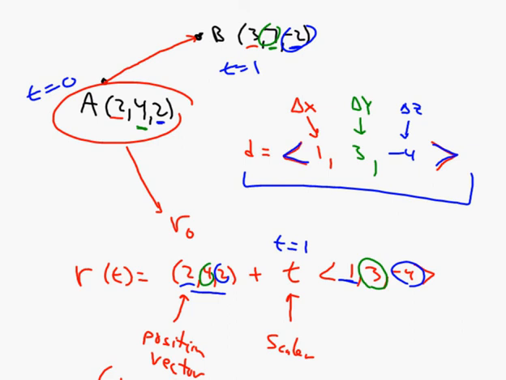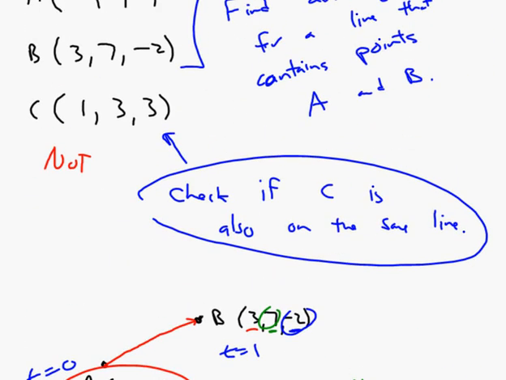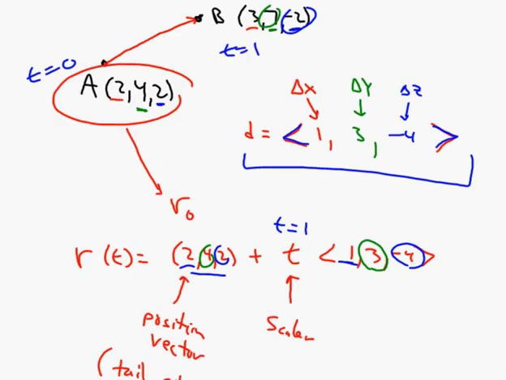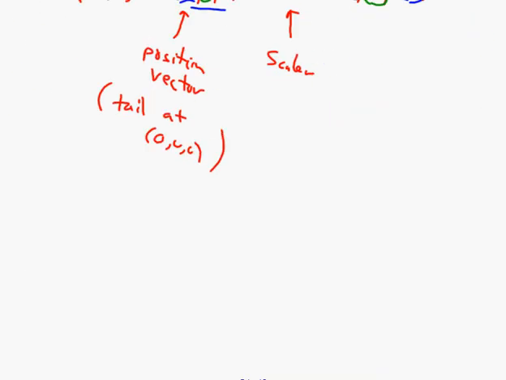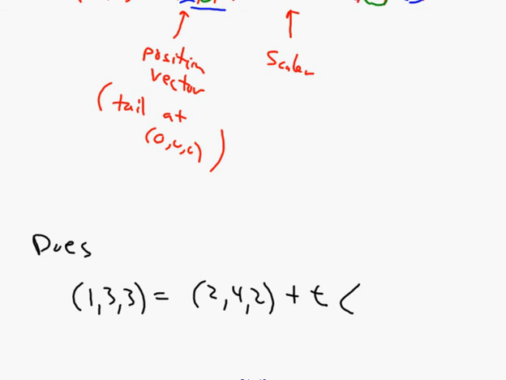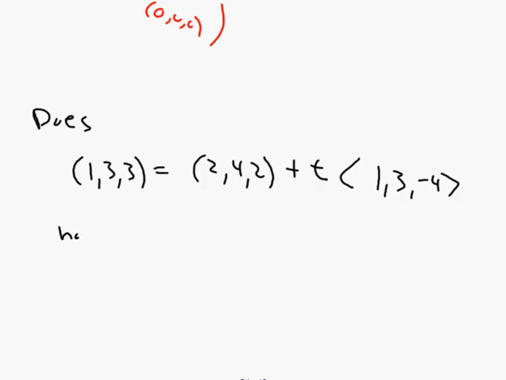Now, the question we're interested in: does this same line eventually land on this position vector, or this point 1, 3, 3? Okay? So what I'm really saying is, does 1, 3, 3 equals 2, 4, 2 plus t times the direction vector we had before, which is 1, 3, -4, have a solution?